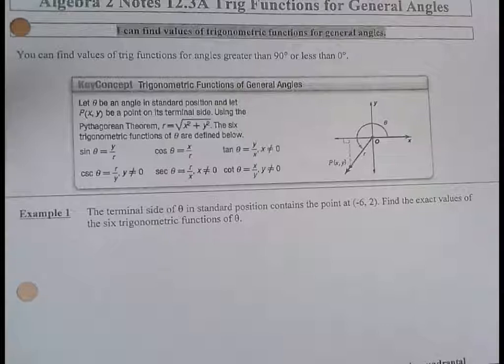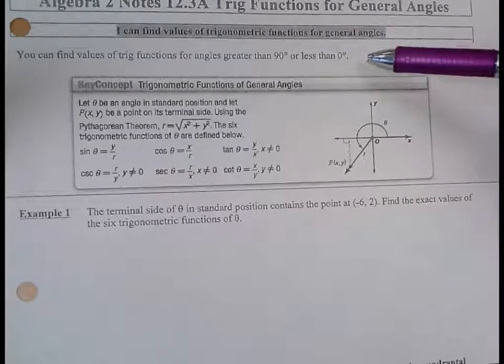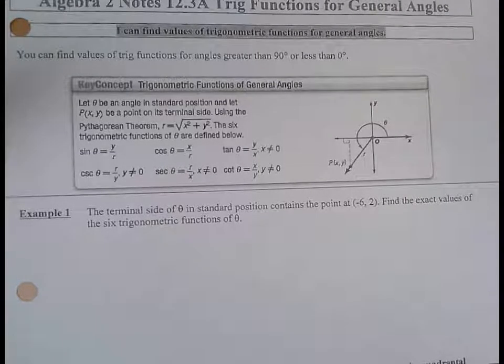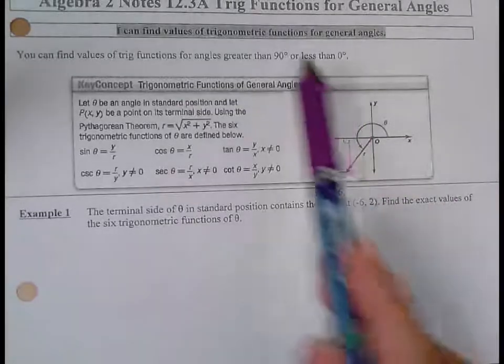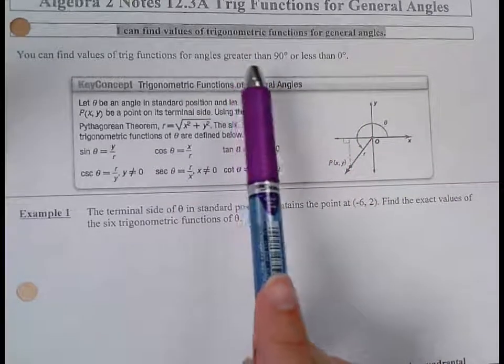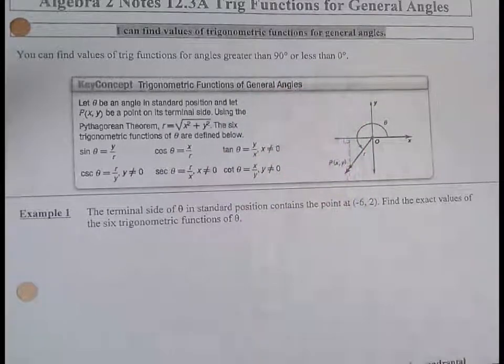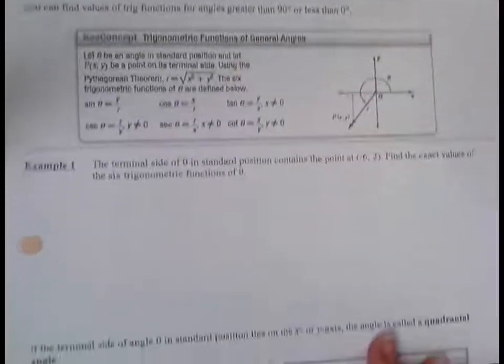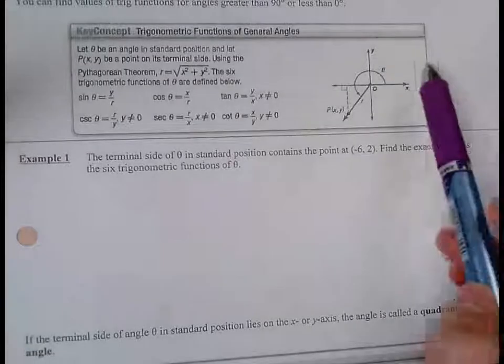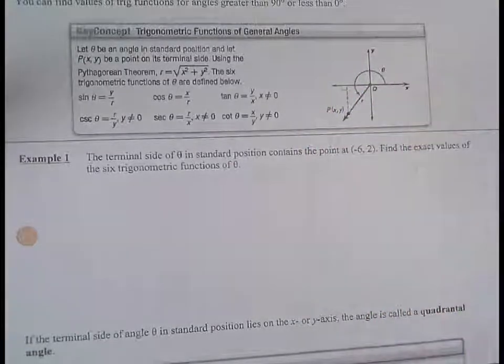As we build here, what we're able to do today is find the values of the trig functions for general angles. So we can also find those values for angles greater than 90 degrees or less than 0, so negative angles as well. And we can do this by setting up a right triangle on the coordinate plane.